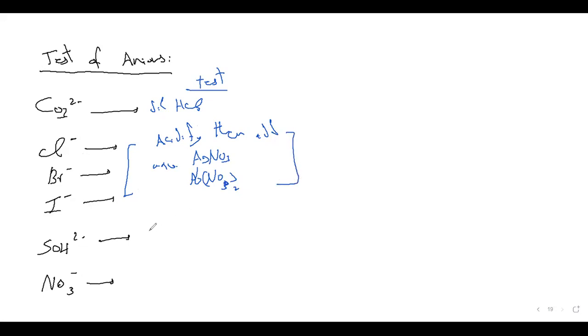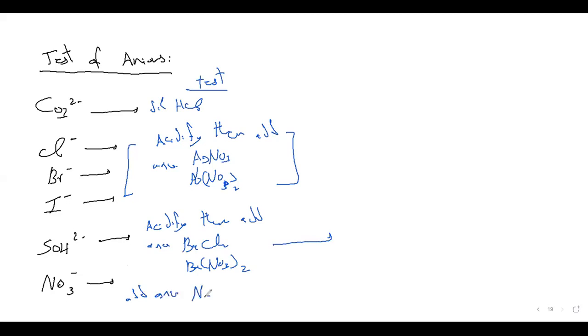Sulfate: acidify, then add aqueous barium chloride or aqueous barium nitrate. For nitrates, add aqueous sodium hydroxide, then aluminium powder or aluminium foil, then warm.